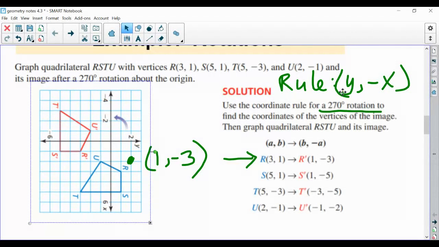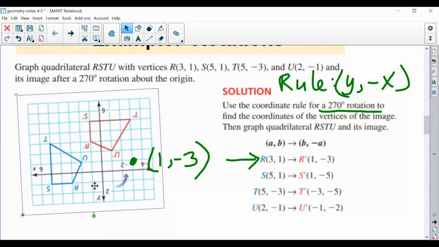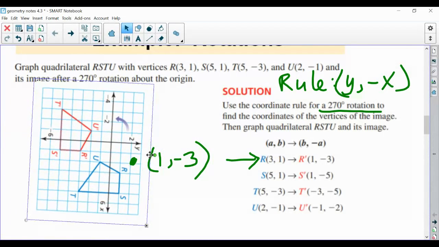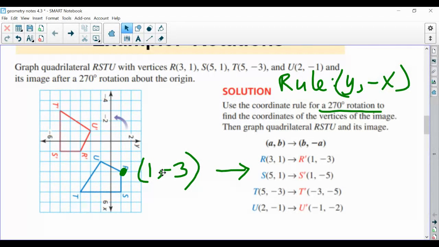You can use the rule to find the coordinates, or you can use the graph. Remember, the blue figure was the pre-image. When I turned it 90, 180, 270, look at the blue figure and look at the points. We're pretending this is a regular graph. Point R is to the right 1 and down 3, so those coordinates are 1, negative 3.